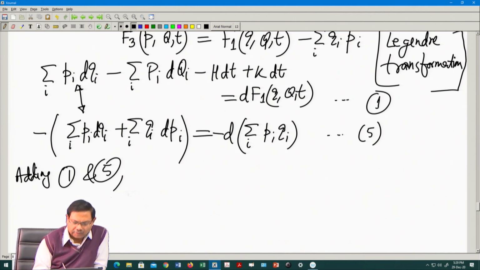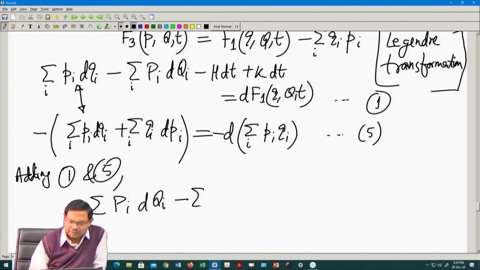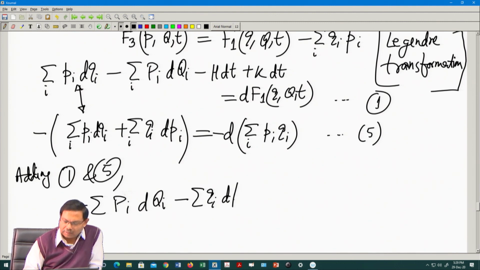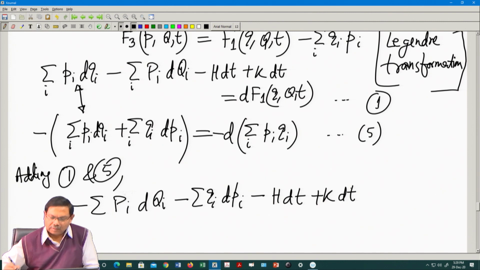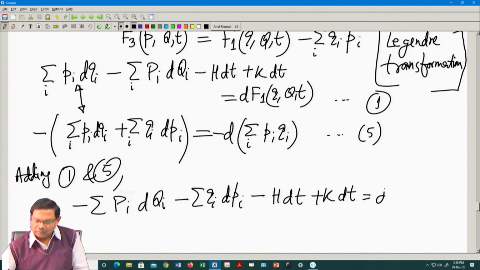So, we are left with minus p_i dq_i minus q_i dp_i minus H dt plus K dt and equal to dF1 minus q_i p_i.